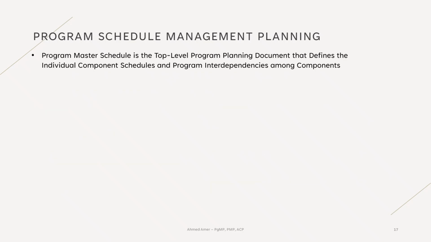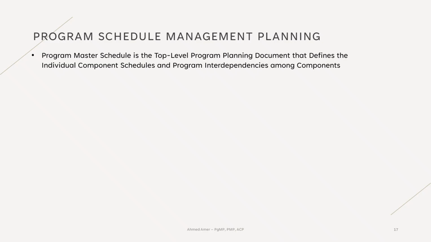The Program Master Schedule is the top-level planning document that defines the individual component schedules and the dependencies among all program components needed to achieve the program goals. It should include component milestones that contribute outputs to the program or have interdependencies with other components.